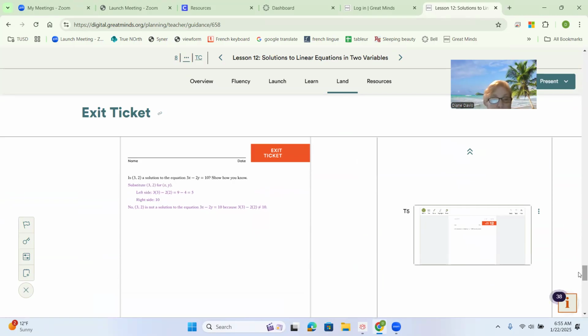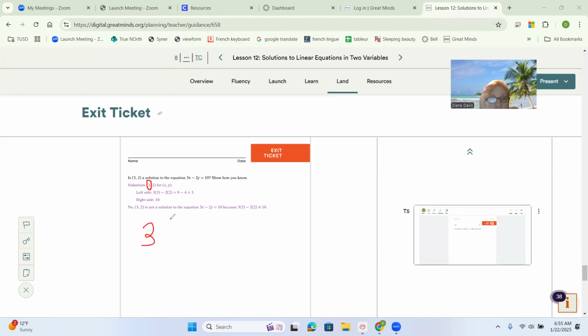Well, you would have to substitute it in there and see if it equals. So let's do it. They already tell us what they did here. They said substitute 3 for x and 2 for y.